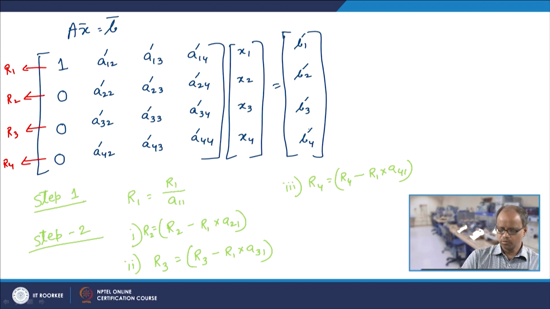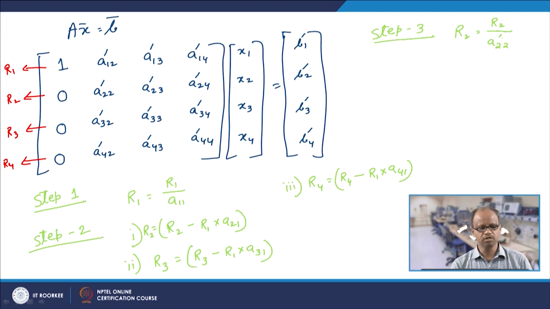Then in step 3, we now work with this new R2. We do R2 is equal to R2 by A22 dash. So, we actually divide this entire row by A22 dash.